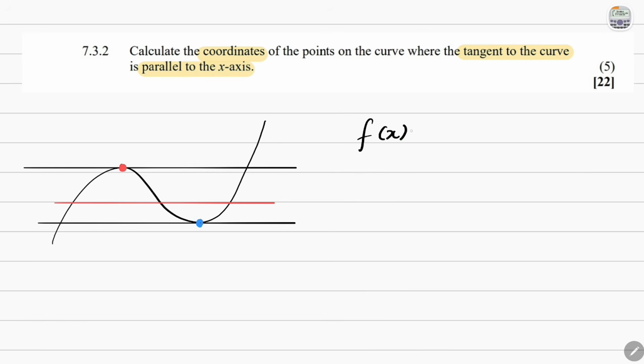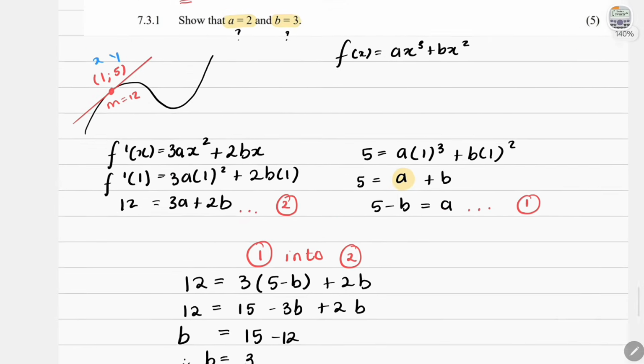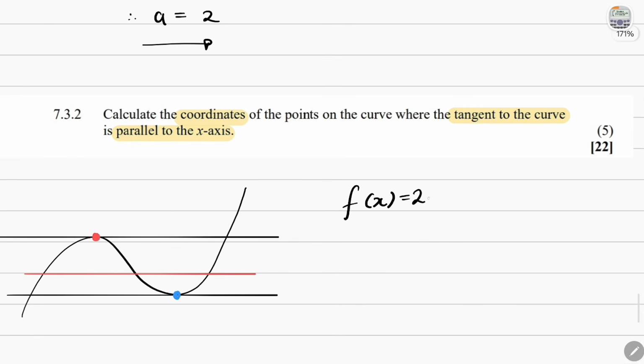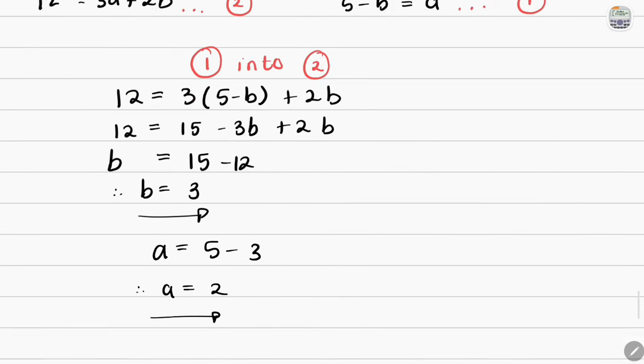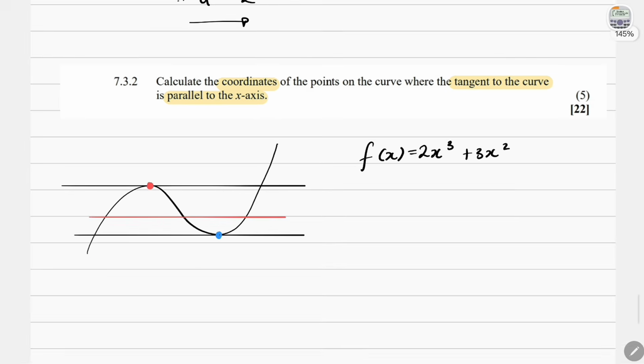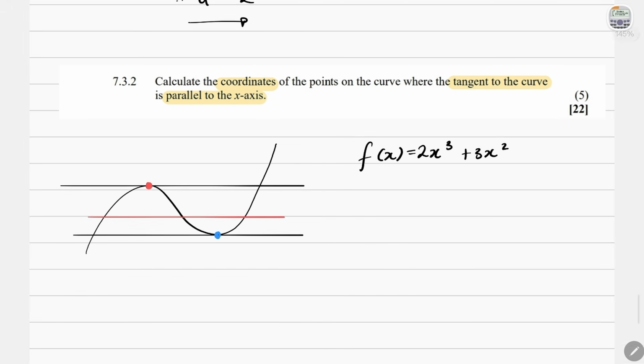So f of x is equal to, and let's just rewrite our expression knowing a and b, 2x cubed plus 3x squared. And let's find the turning points. How do we find the turning points of a cubic function?